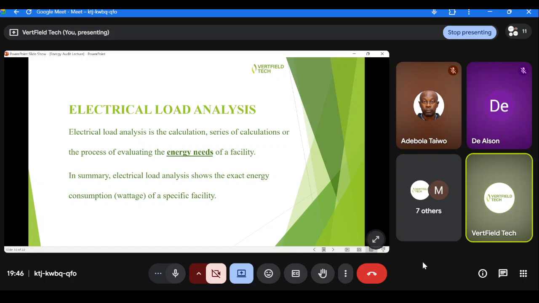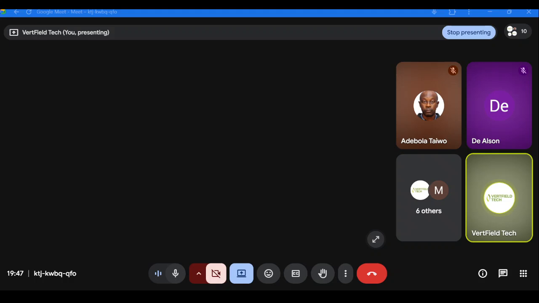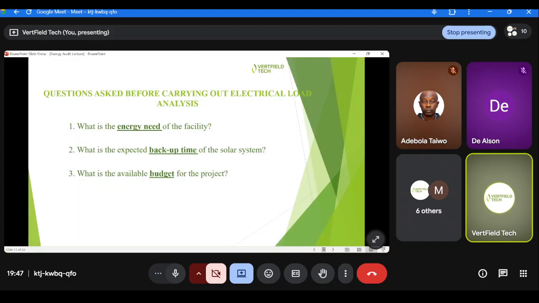Right now, what this electrical load analysis does for us is to help us know the energy need of a facility by walking us through a process, a procedure, and series of calculations. That is what we have to do here. So in summary, electrical load analysis shows the exact energy consumption, wattage of a specific facility.